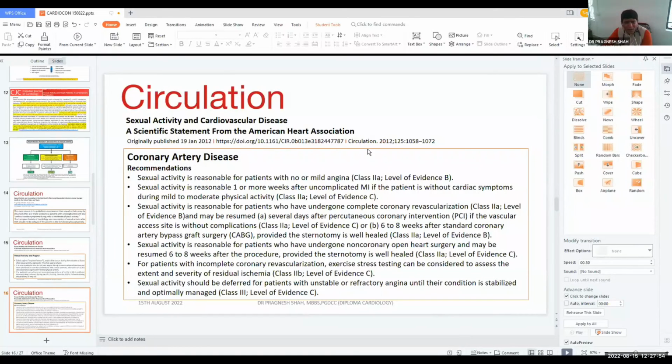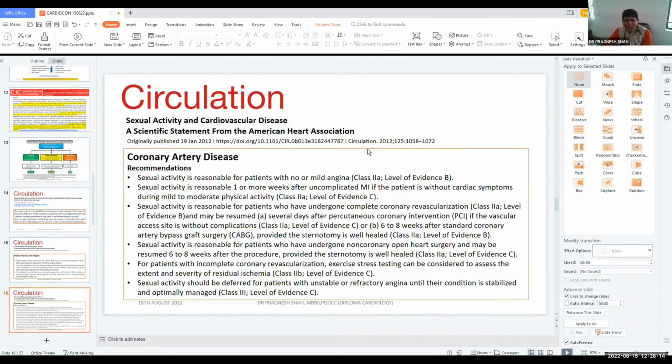In one article in Circulation, they made recommendations for sexual activity in coronary artery disease: sexual activity is reasonable for patients with no or mild angina. Sexual activity is reasonable 1 or more weeks after uncomplicated MI if the patient is without cardiac symptoms.